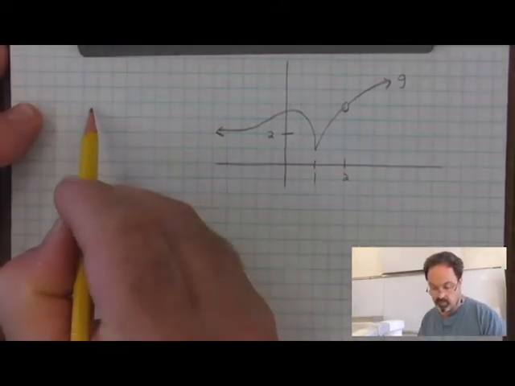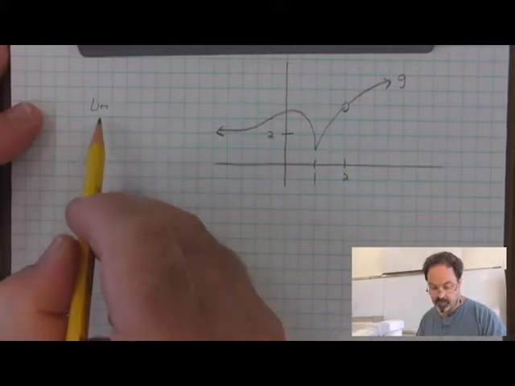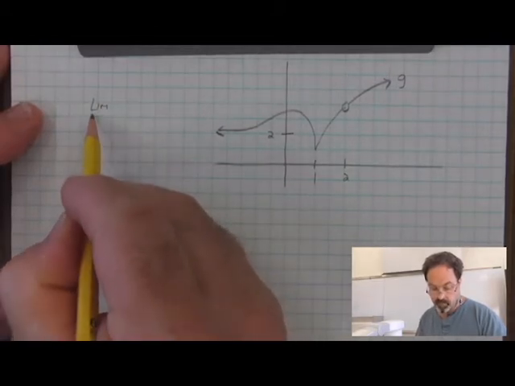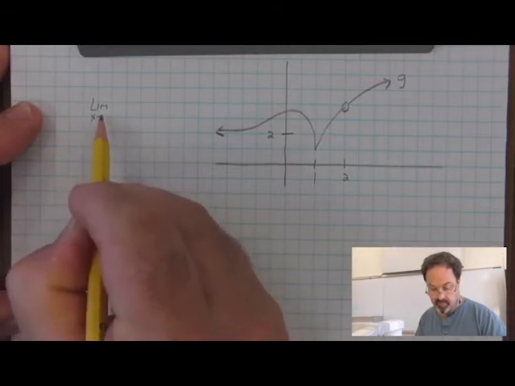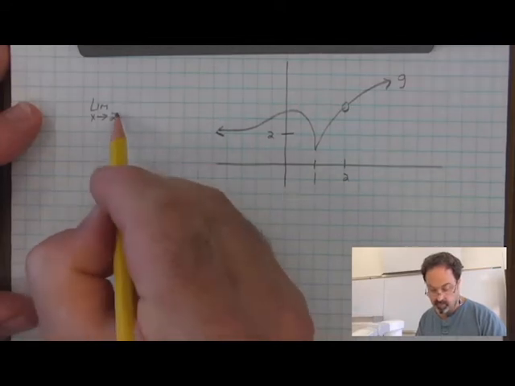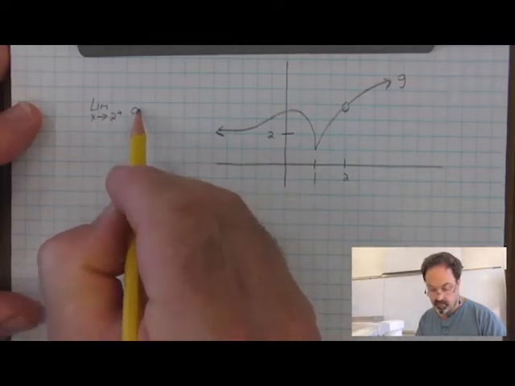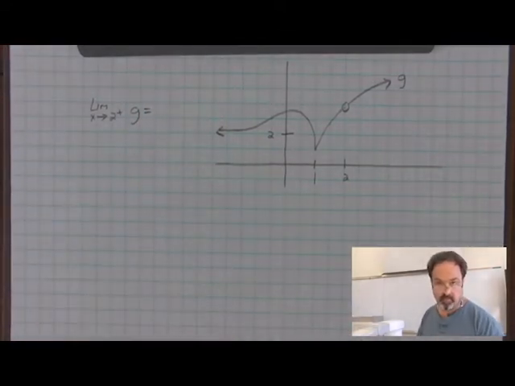We can use limit notation. In this case, we're going to talk about the limit as x approaches 2 from the right on g. And that limit will have a value if it exists.